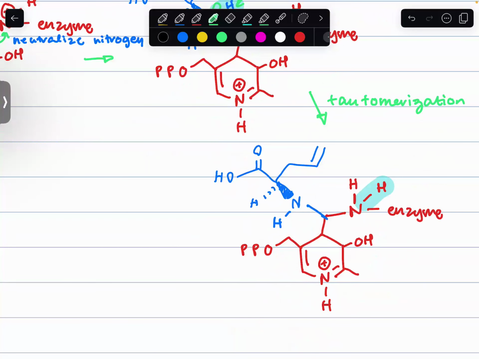So now we have a lone pair on this nitrogen, which we can move here and neutralize the positive that was created on this nitrogen in the tautomerization.